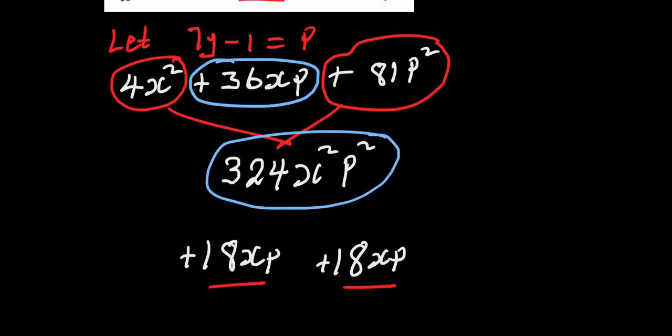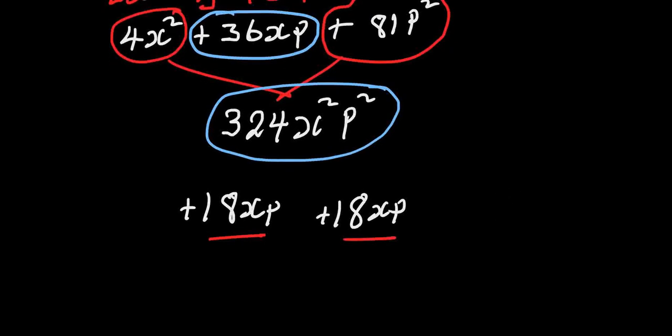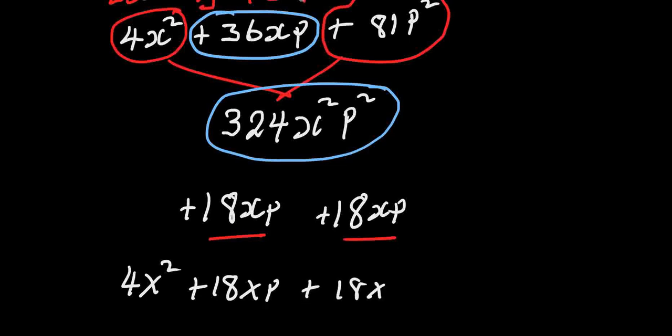All right, so once that happens, then the expression automatically becomes 4x squared plus 18xp plus 18xp plus 81p squared.